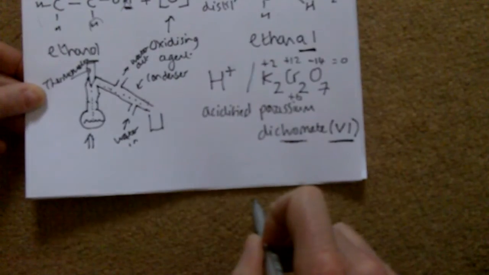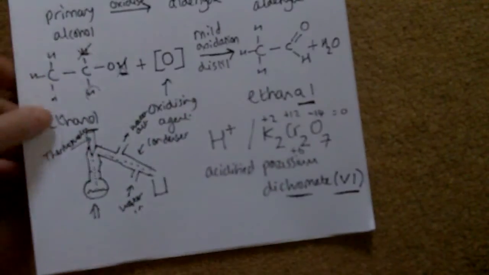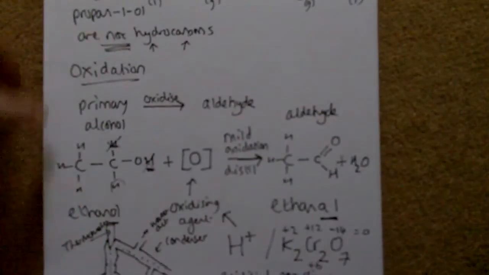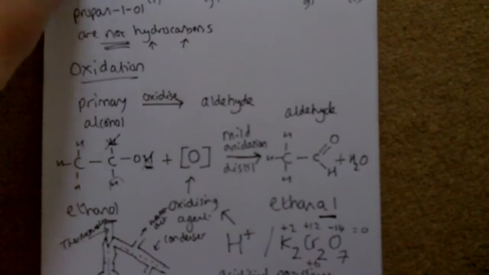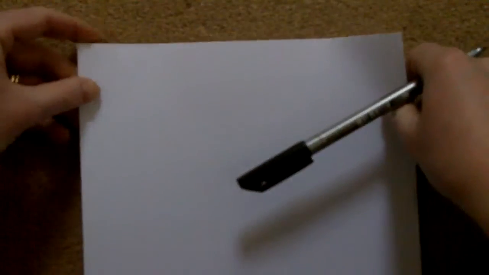Okay, acidified potassium dichromate. Now, this is the oxidizing agent, right? This is the oxidizing agent, the chemical that is added. And you need to know that the starting color, so the observation, and you're going to do this as an experiment as well. It's going to be one of your set experiments.